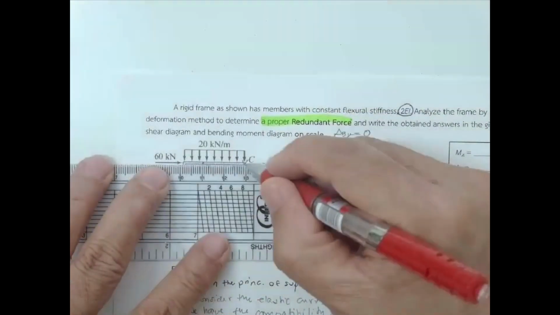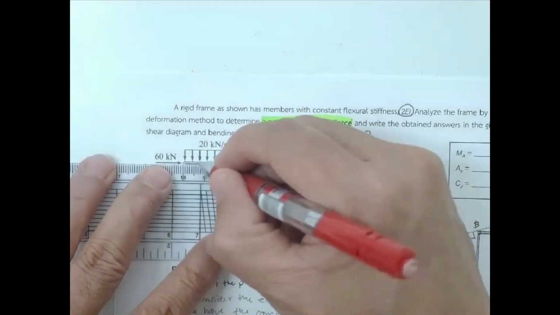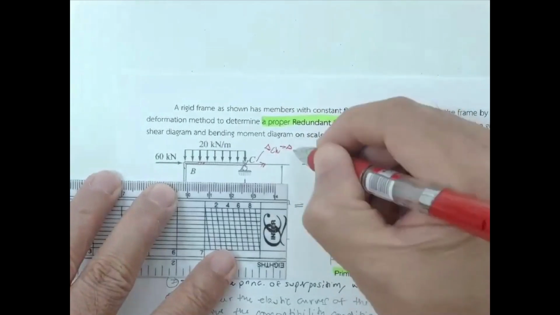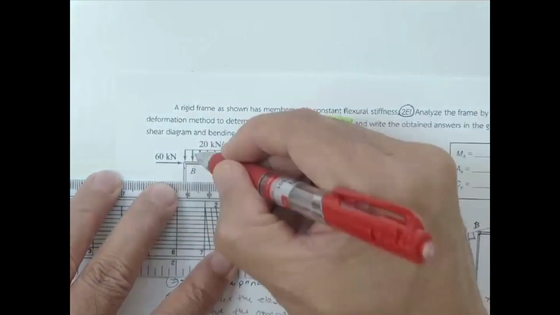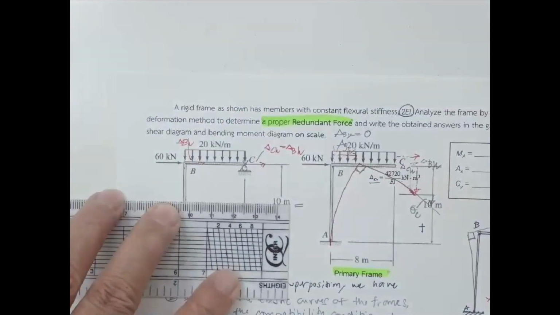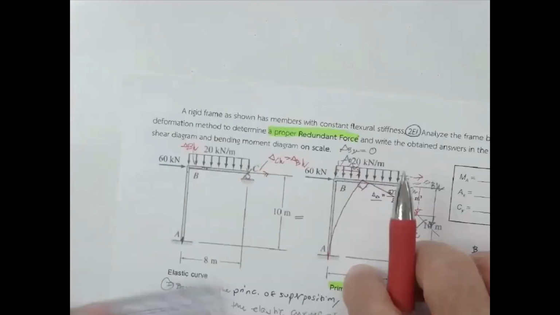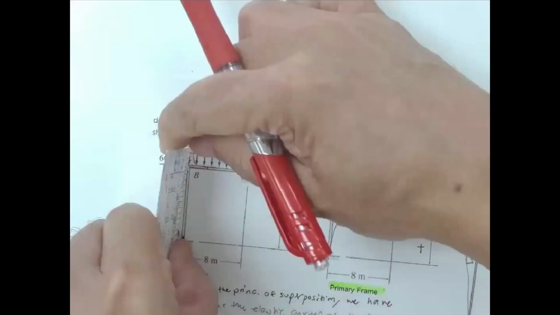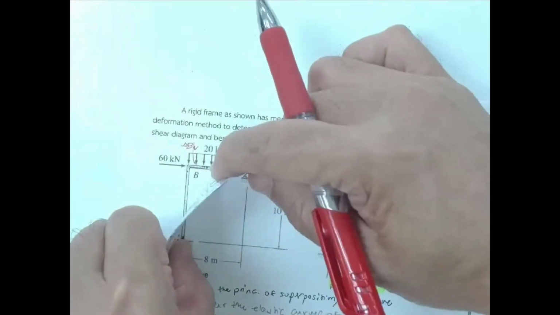And you say this is going to be delta sub CH equal to delta sub BH. Since this is fixed, it will move like this one.